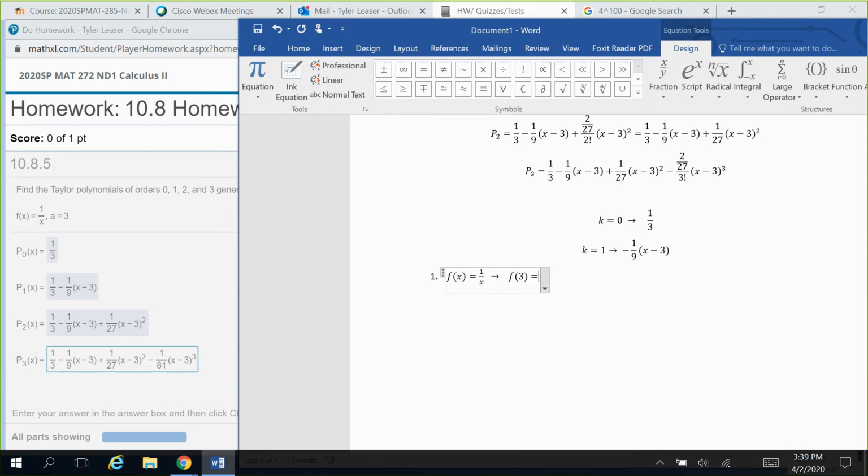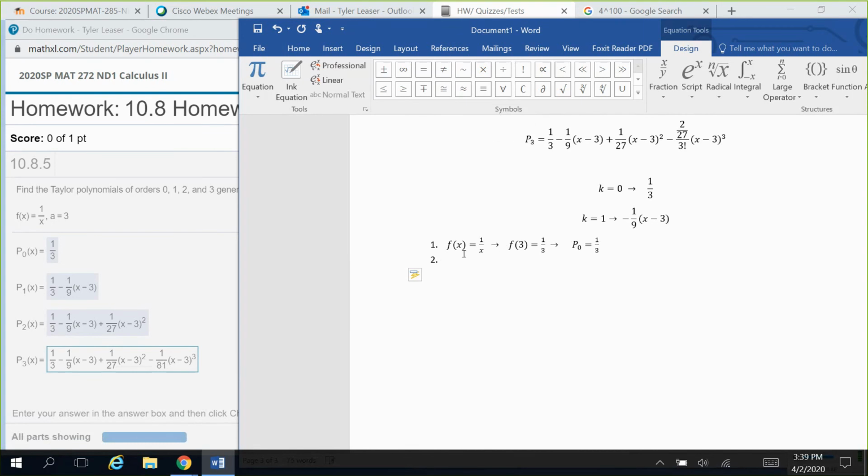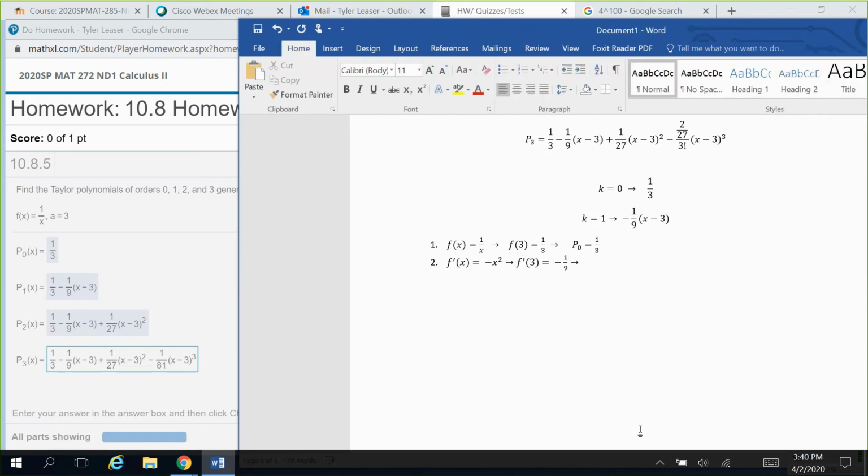Anyway, I hope you kind of get the idea. And then you would just keep building onto this. So then the second one would be the derivative. So f prime at x would be the derivative, and then you'd want to plug in 3 into that. And then you'd want to find the next term of the Taylor series over here, and so on and so forth.